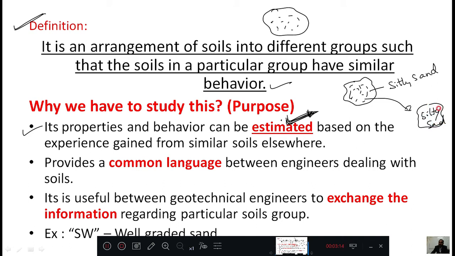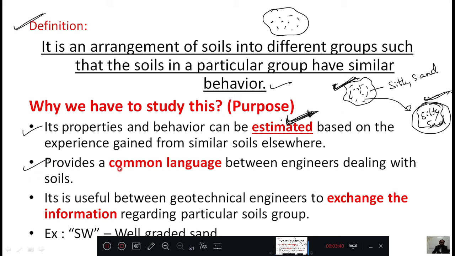Then I can estimate what properties this silty sand will have based on my experience in America. Means I can correlate these properties, but not exactly, because whatever properties the American soil has, the same properties will not be there in India, but I can correlate something and estimate some of the properties here.